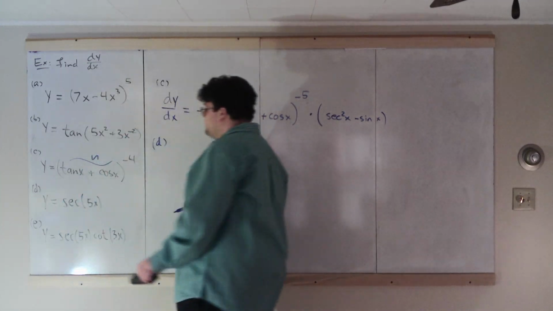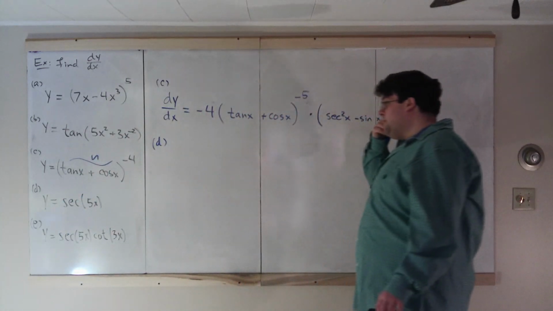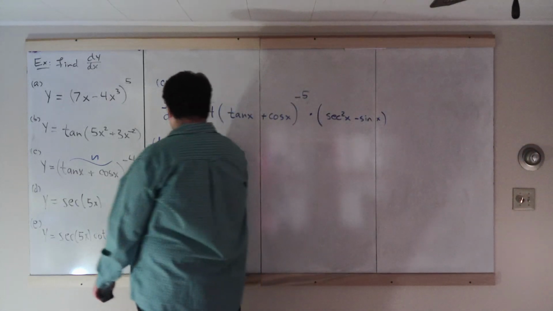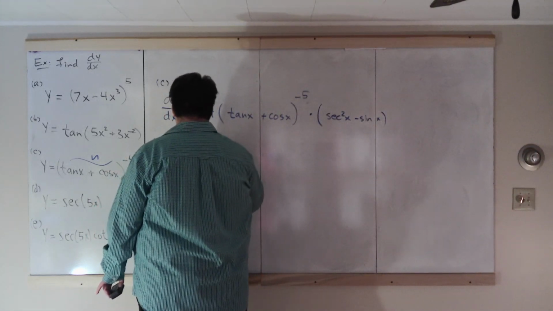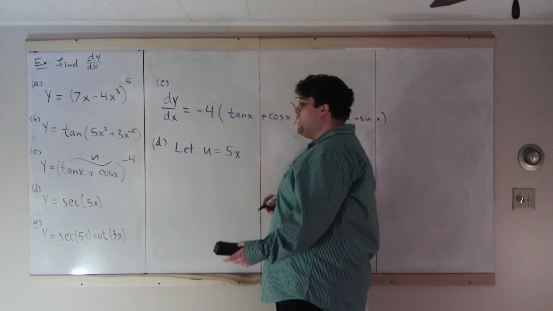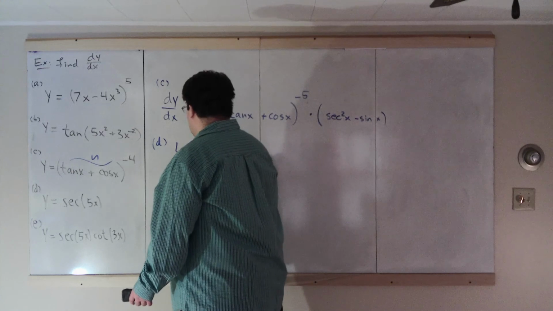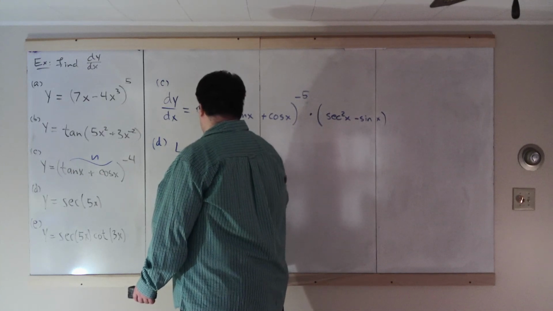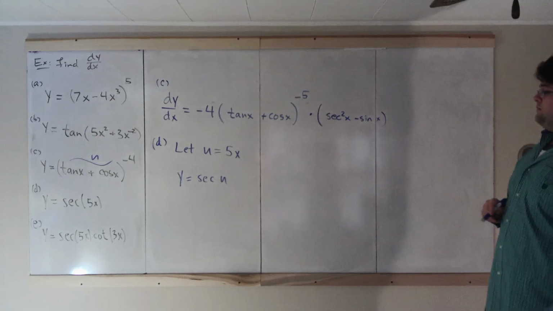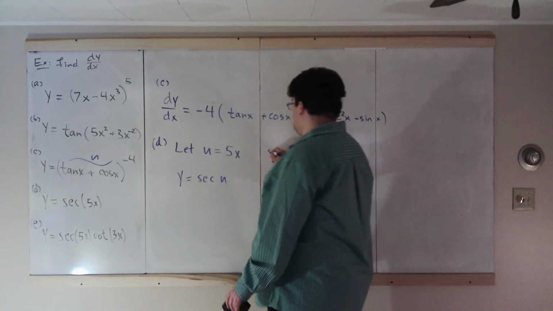How about D? Well, in D we have secant of 5x. Let's go through a u substitution here. We know how to take the derivative of secant x, so let's let u equal 5x, so that y equals secant of u. Well, we can take these derivatives now.